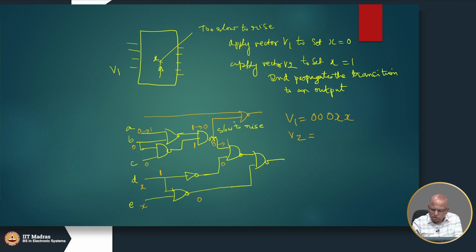Then this 1 to 0 transition can go here, and if you make this 0, this will become a 0 to 1 transition. So you can see that we applied a 0 to 1 transition that propagated along this path. We could not propagate it along this other path.